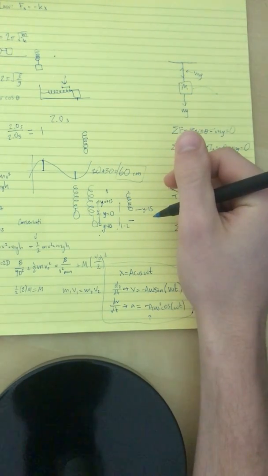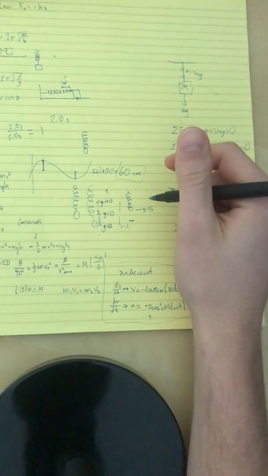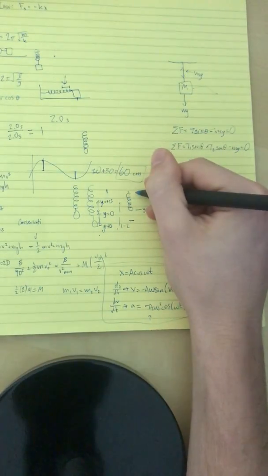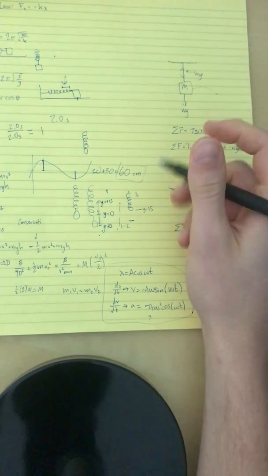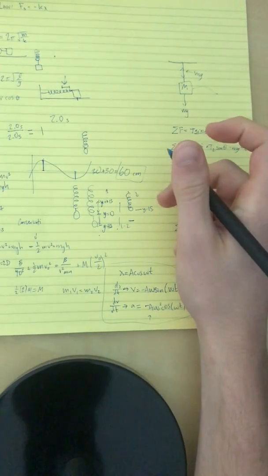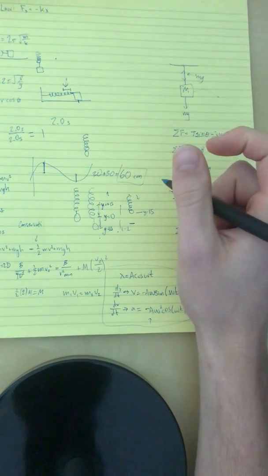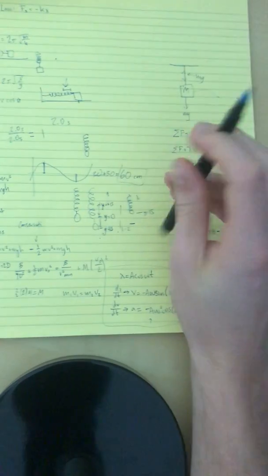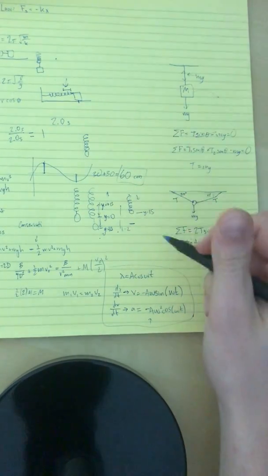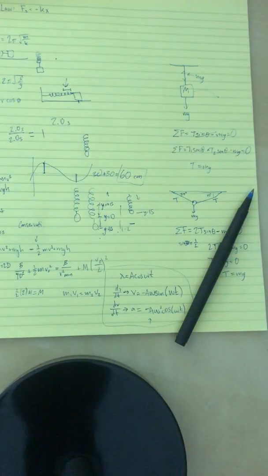So when it's on its way down, it'll have a negative acceleration, but remember, because the spring doesn't move at a constant speed up and down, the acceleration will be changing.